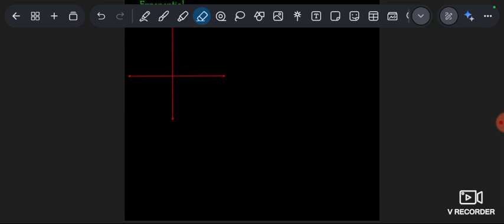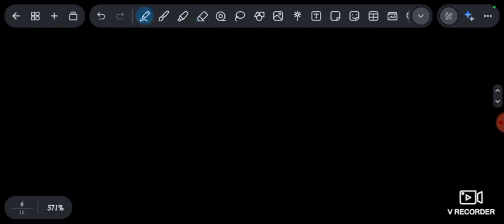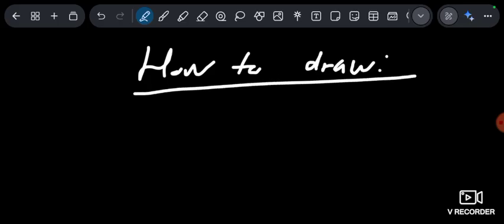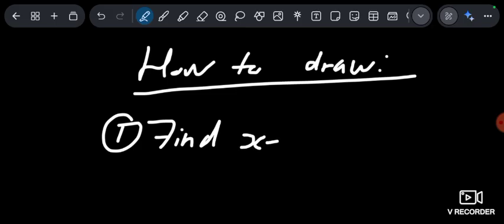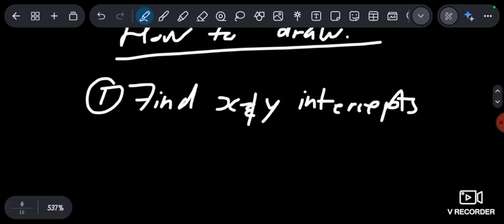Right, now this is the step that we're going to be following. Here's the step that we're going to be following. Drawing the graphs. How to draw. First step, I said to you, find x and y intercept. Sometimes the y-intercept is not there, and it's fine if you don't find it, and the x-intercept is not there.